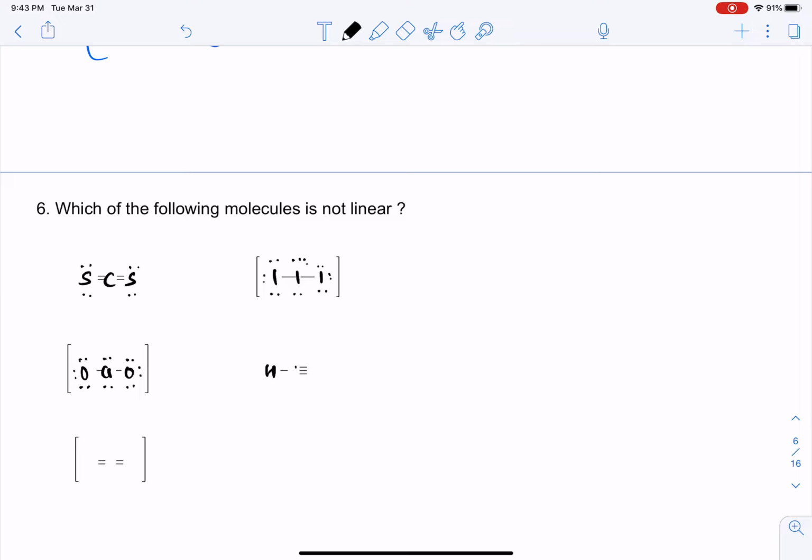Here you go, C, N, and the next one is NO2. So this is A, B, C, D, E. Now I think I haven't missed anything. Oh yeah, it's a negative charge. Again here it's a negative charge.